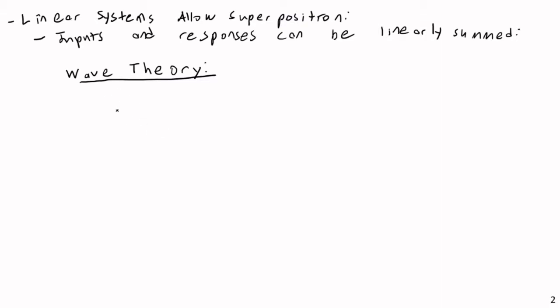Do you remember how waves can constructively or destructively interfere with one another? Let's say two waves are coming along, and one wave front looks like this, and another wave front looks like this, and another wave front is coming along, and it also looks like this.